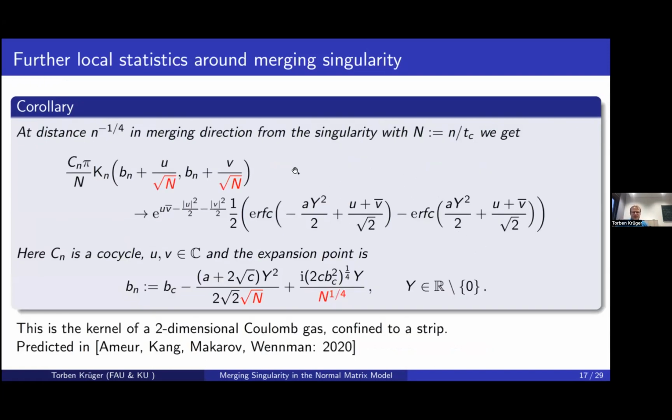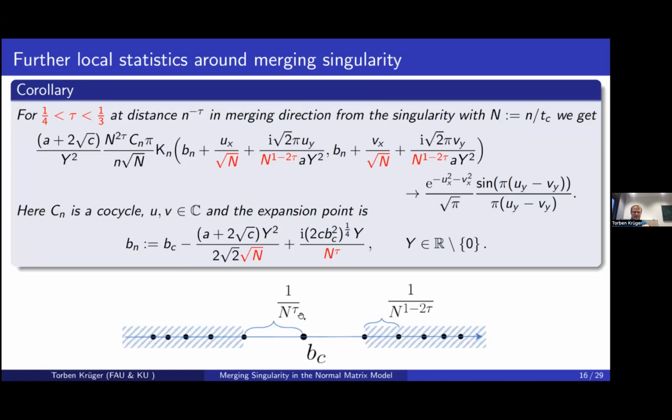And then you can also go further and go to the scale on which the density lives. So now I'm going further away from this critical point, to 1/n^τ with τ being exactly 1/4. That's the critical scaling for the density.